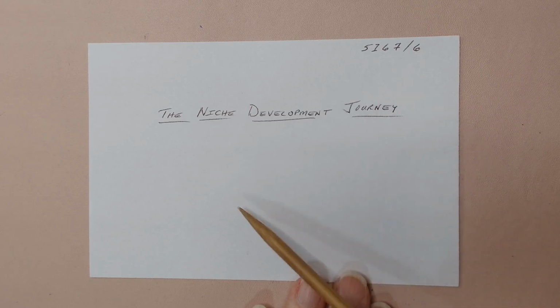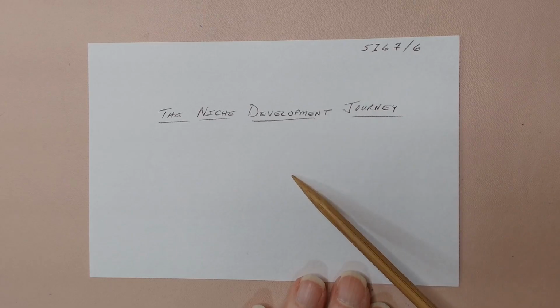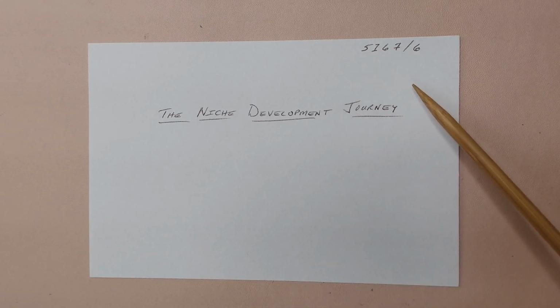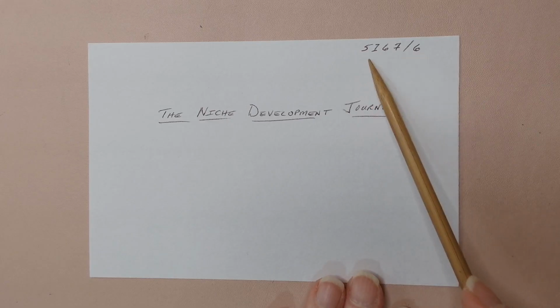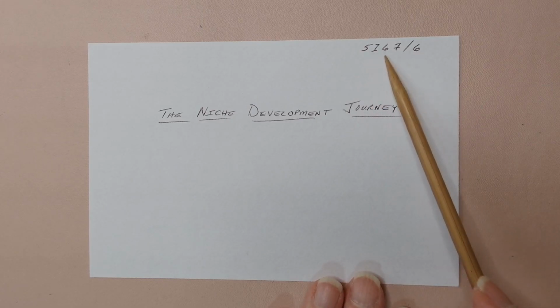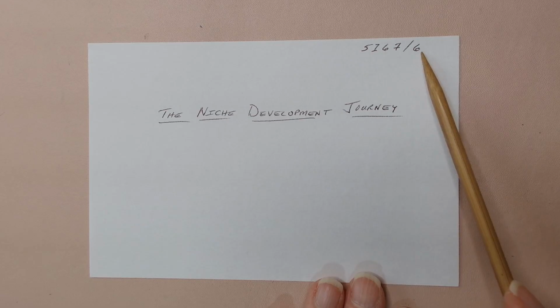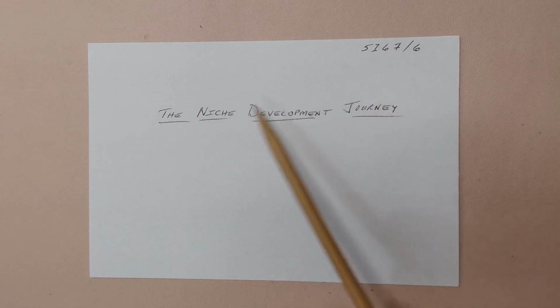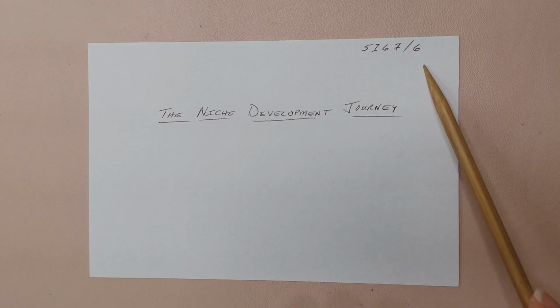And so I'm following his exactly when I create my cards from his videos. He'll say, take out a card and give it this number. Well, by the time we get here, we've already covered 5167/1, 2, 3, 4, and 5. And now this title card is taking us through another section of his program, section 6.